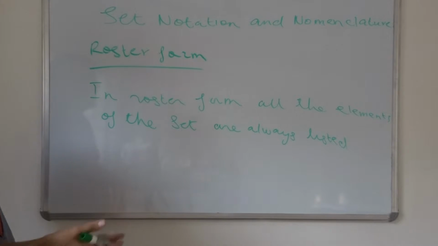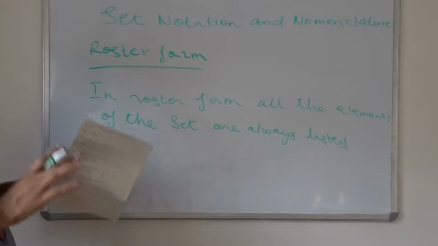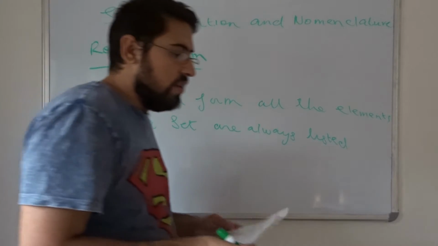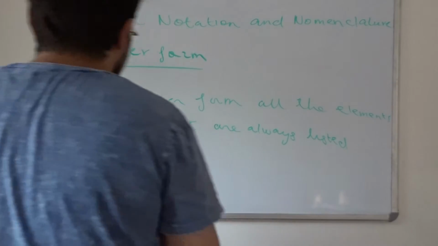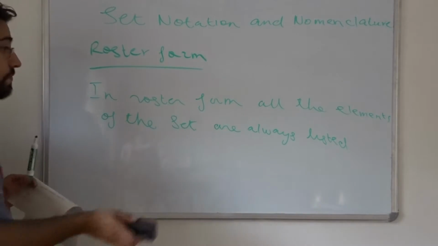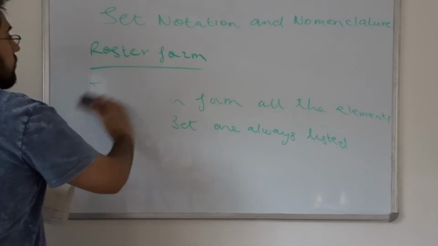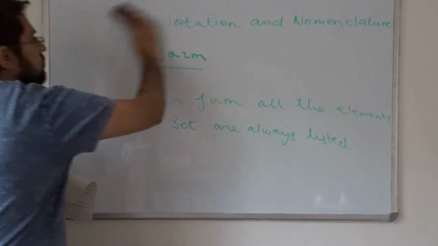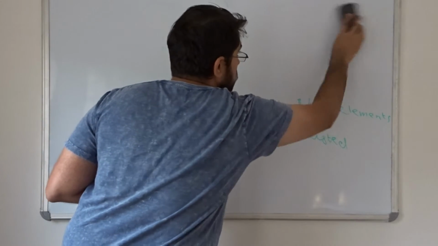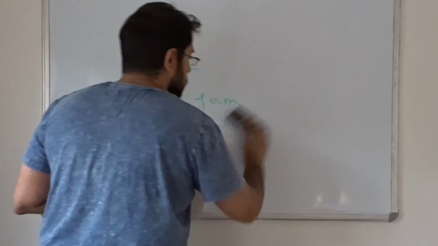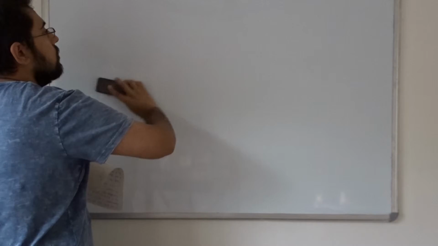As we start studying this, you will understand what I mean, so you don't need to worry just yet. I hope you've copied this down. I'm going to erase this, as there's no need for set notation and nomenclature anymore. I've stated the obvious of the chapter.